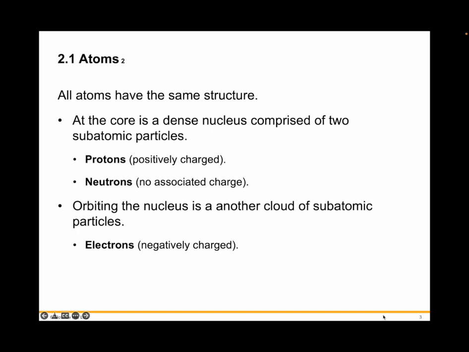Now on to elements. So as far as elements are concerned, the number of protons in the nucleus of an atom is called the atomic number.